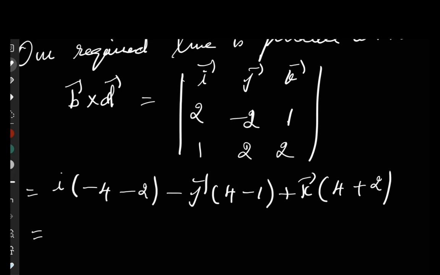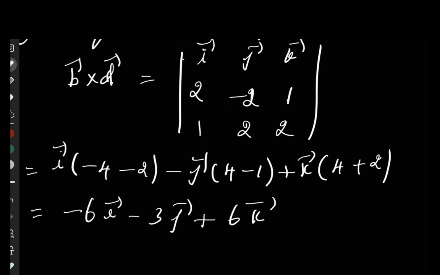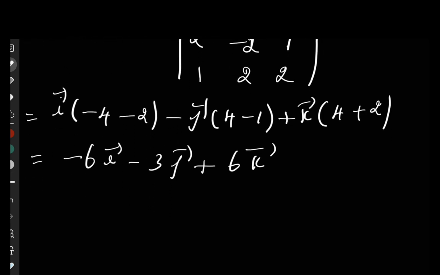This is equal to minus 6i minus 3j plus 6k. So, the required line is parallel to this vector.